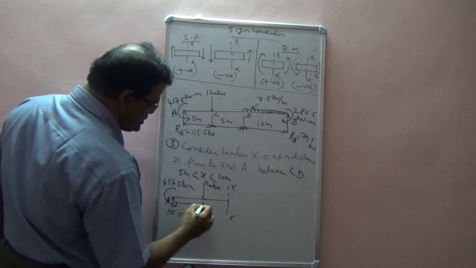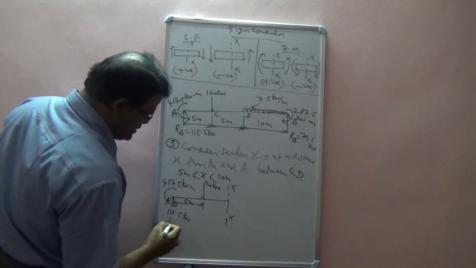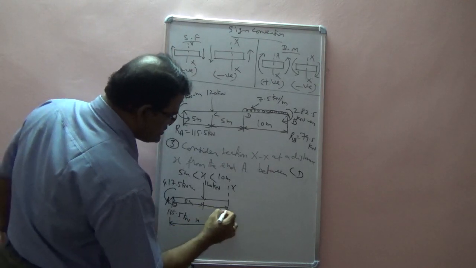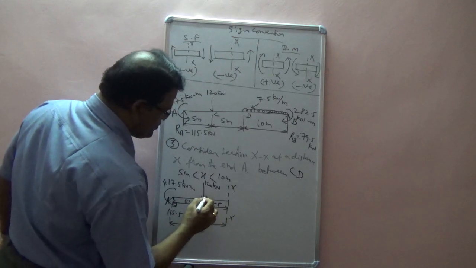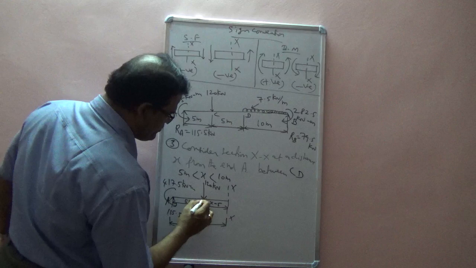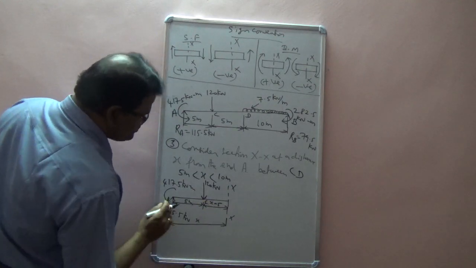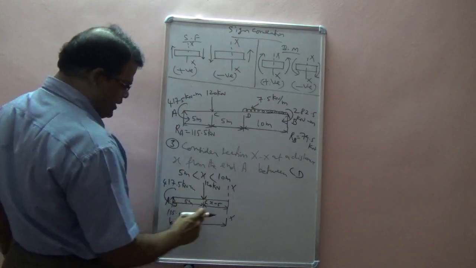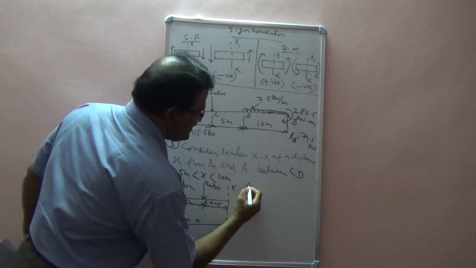This distance is 5 meter and this distance is x, and this distance is x minus 5. This is point C, this is point A. Is there any other load? So 3 loads are there. Now let us calculate the shear force at XX.